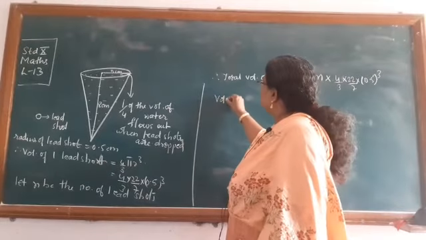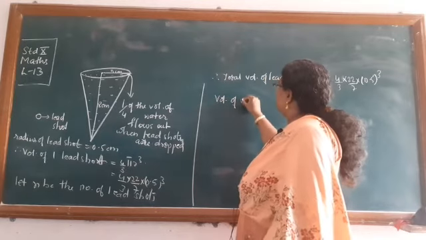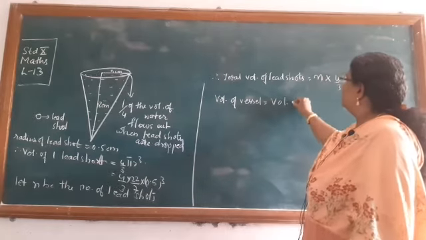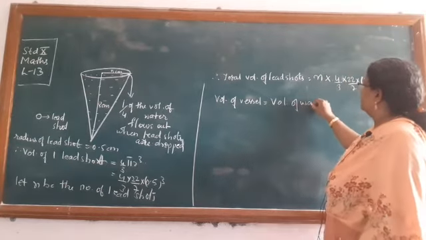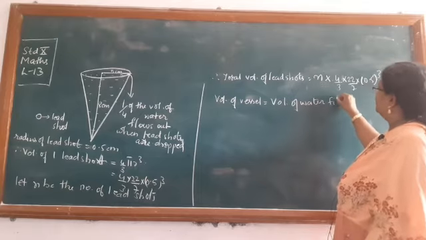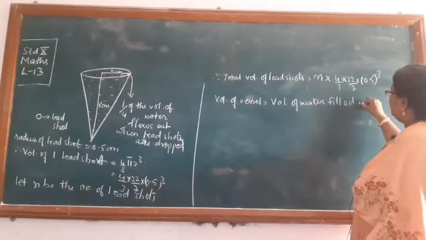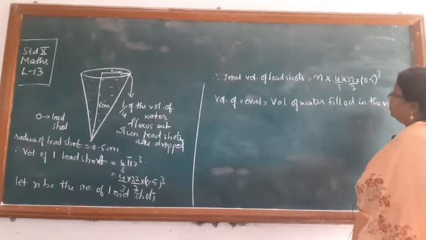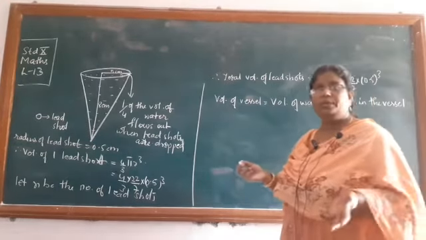वॉल्यूम ऑफ वेसल कितना है? वॉल्यूम ऑफ वेसल, सो वॉल्यूम ऑफ वेसल that will be only the volume of water filled in the vessel. Okay, so water, अब vessel कौन सा shape में? कोन के shape में.